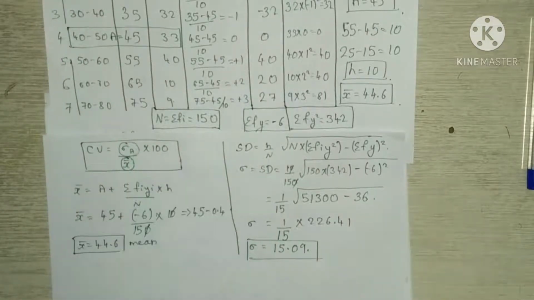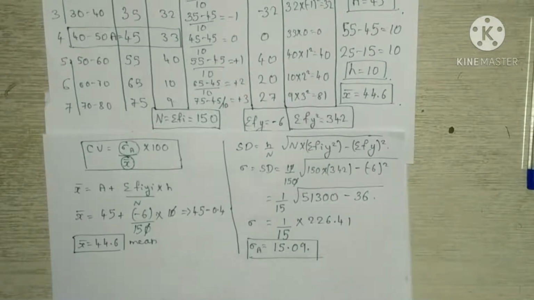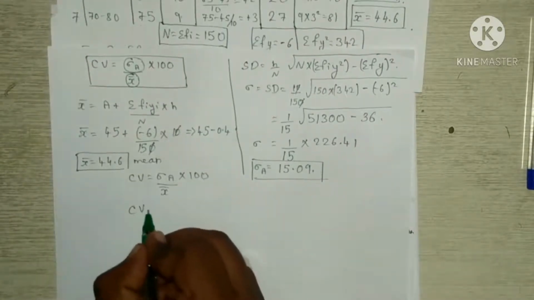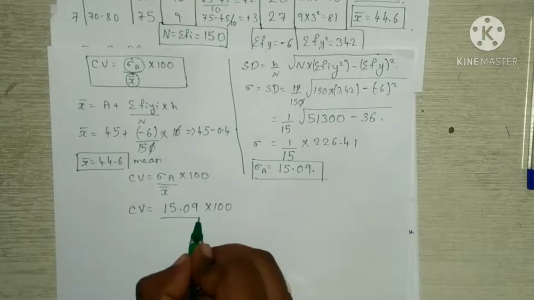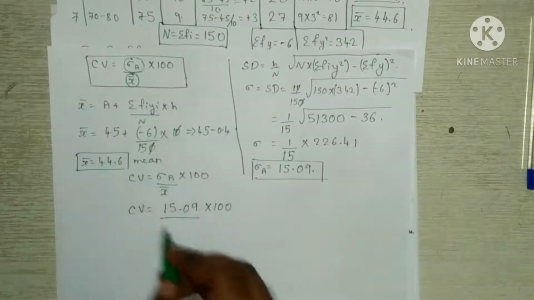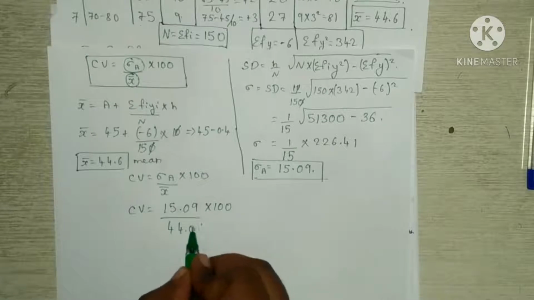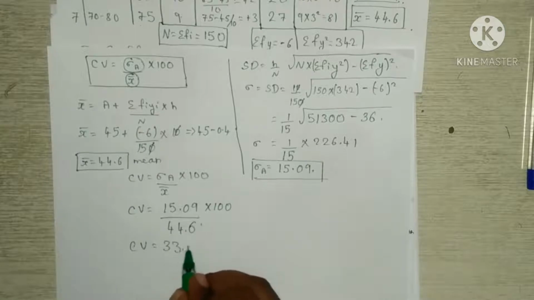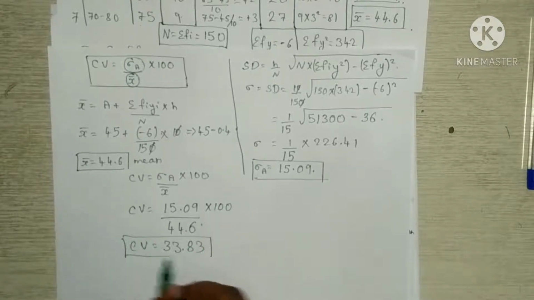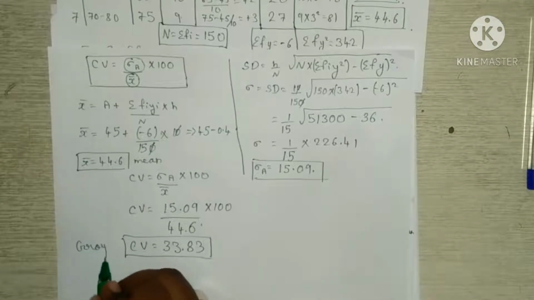You got sigma also, sigma A. This is sigma A. You can now apply it in the CV formula. CV is equal to sigma A into 100 by x bar. CV is equal to sigma A, which is 15.09, into 100 divided by x bar, which is 44.6. After simplifying you'll get 33.83 for group A.